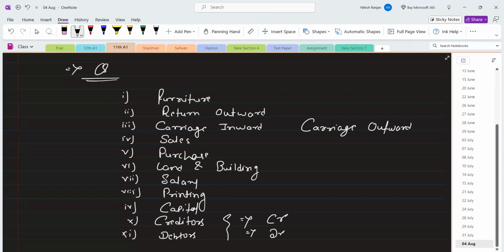Creditors means we have to pay some amount to someone. Perfect. It is a liability, and liability will be on the credit side as per the list I have given you. So you have to see the nature of items. You are saying only the word.